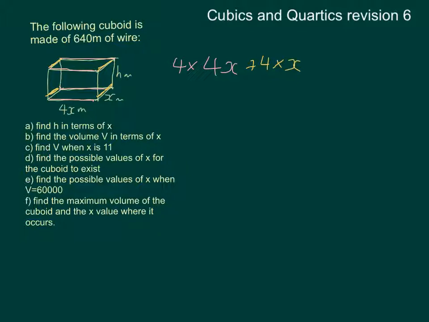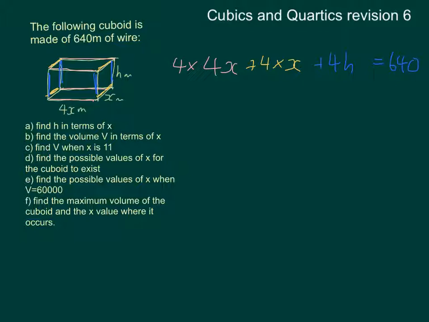And there is also going to be 4 lots of the h component. Okay, so all of those things there added together will equal 640.